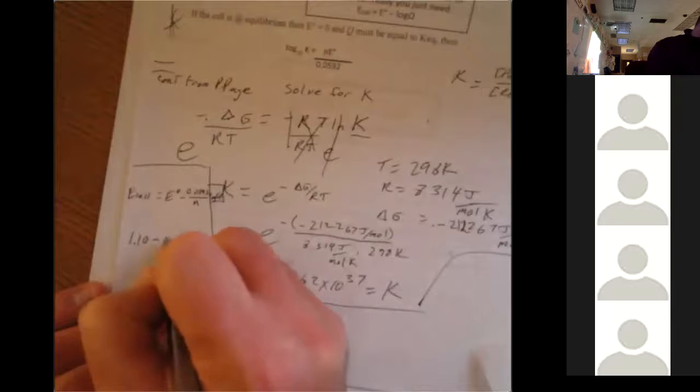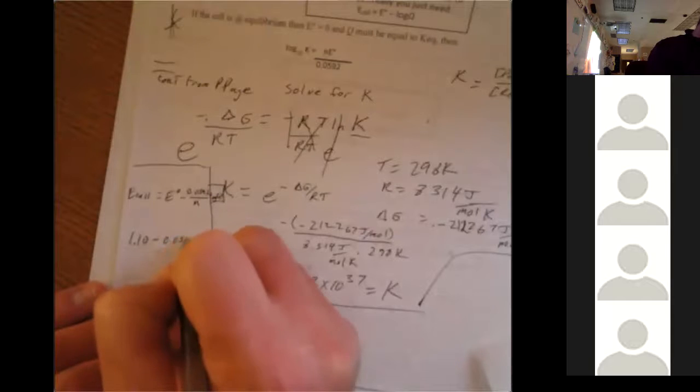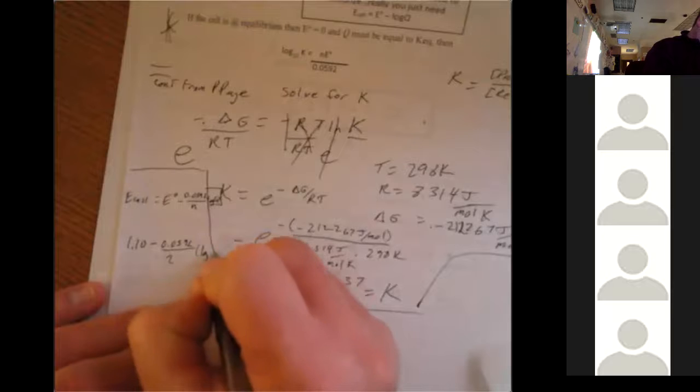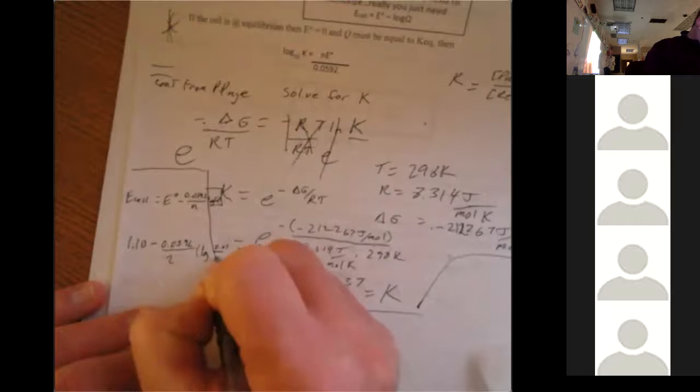So we have 1.10 minus 0.0592 divided by, what's our n here? 2, times the log of 0.01 divided by 10.